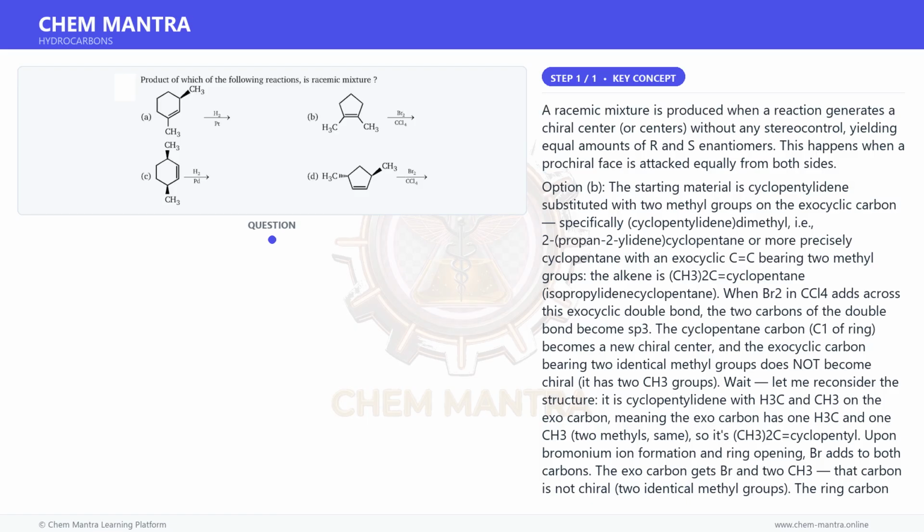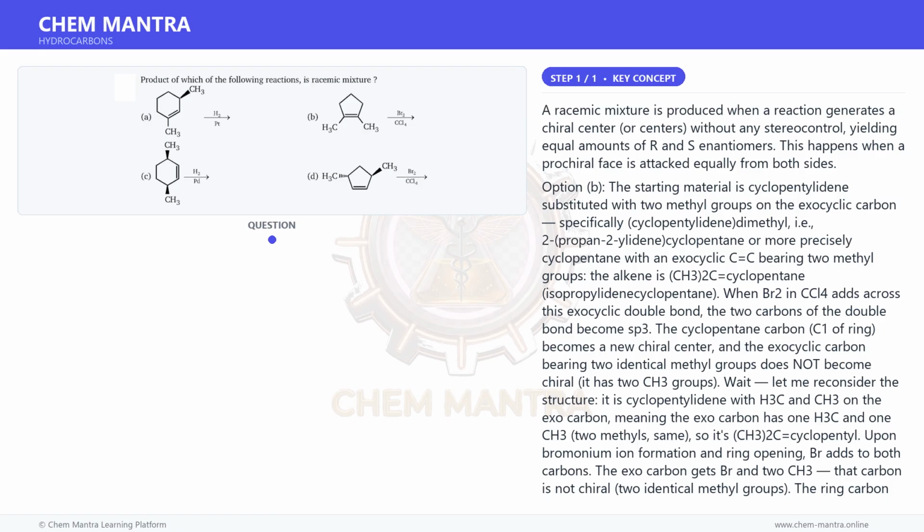Option C. The trans 1,4-dimethylcyclohexane derivative with H2/Pd, the existing stereocenters, both CH3 groups defined by wedge and dash, control facial selectivity of hydrogenation, giving preferential cis addition from the less hindered face, producing a specific diastereomer predominantly rather than a racemic mixture.